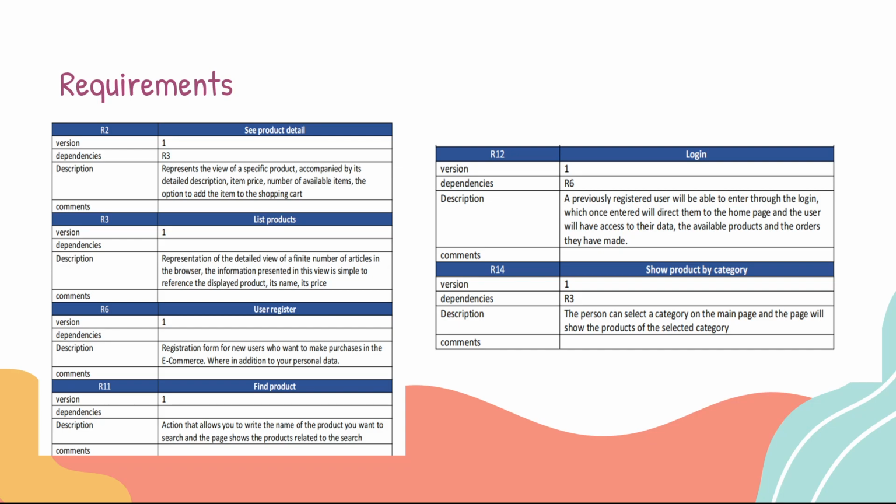And finally, one more is about the person being able to select a category on the main page, and the page will show the products in the selected category. This is basically the requirements we have worked on in the past time. And now my partner Alvaro is going to talk about physical architecture.